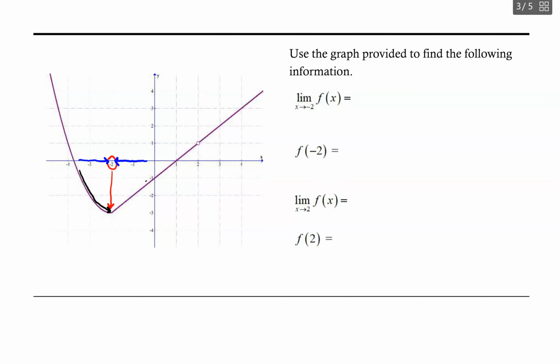So looking at our graph, we can see that my function is decreasing towards, and it appears to be, -3. So since both from the left and from the right are approaching -3, we can say that the limit as x approaches -2 of f of x is -3.